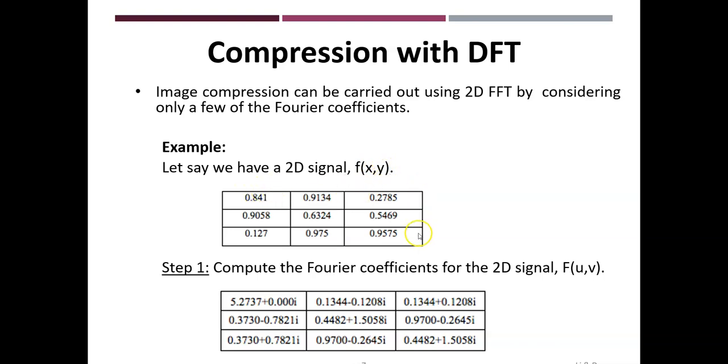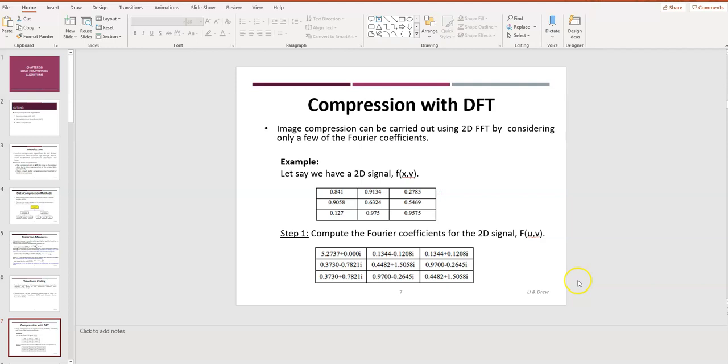For example here, let's say we have a 2D signal f(x,y). This is the value for 9 data points of the 2D signal. The first step to conduct the compression with DFT is to compute the Fourier coefficients of the 2D signal to find F(u,v). If you still remember, let me open the Fourier transform exercise.